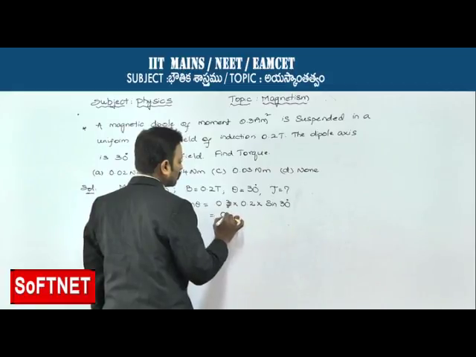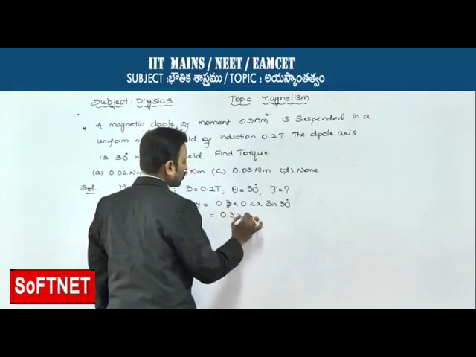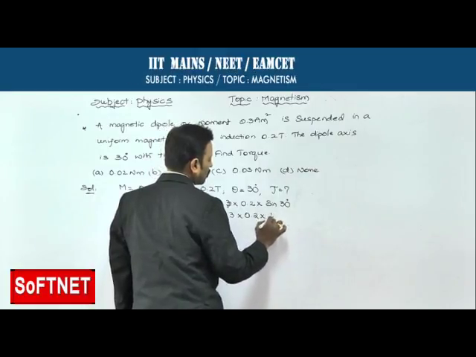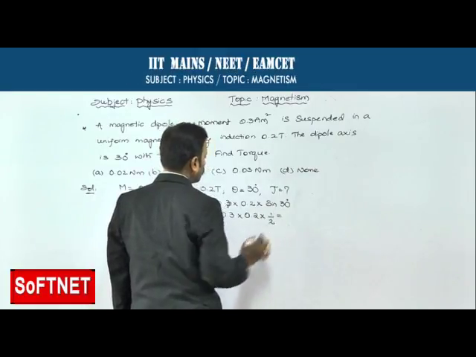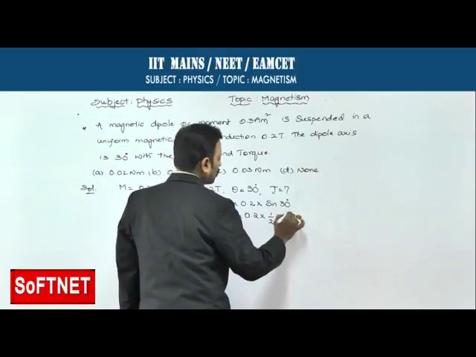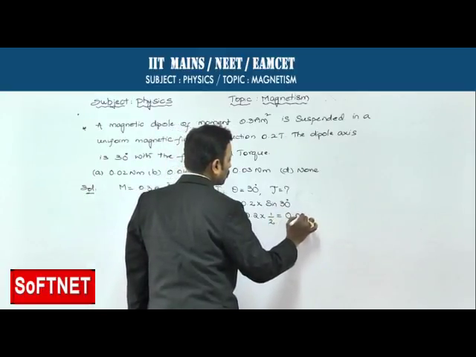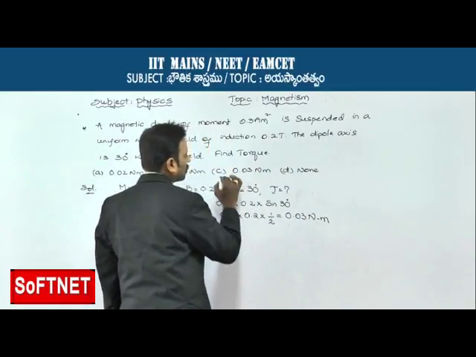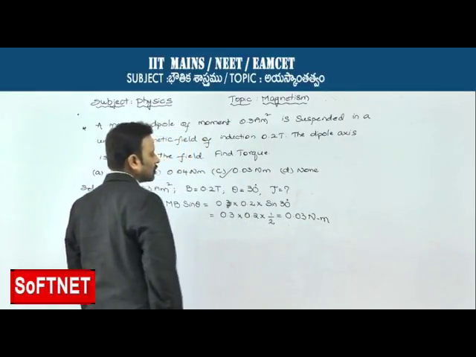That is 0.3 into 0.2, and the value of sin 30 is 1 by 2. If you simplify, you will get 0.03 Newton meters. So the third option is the correct one.